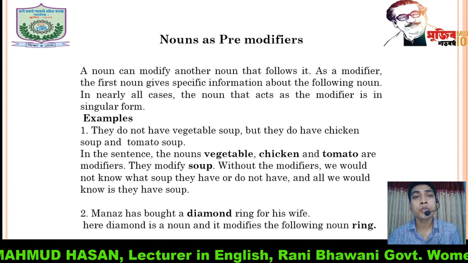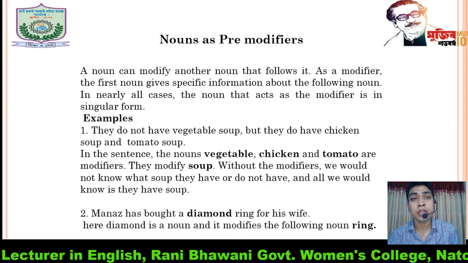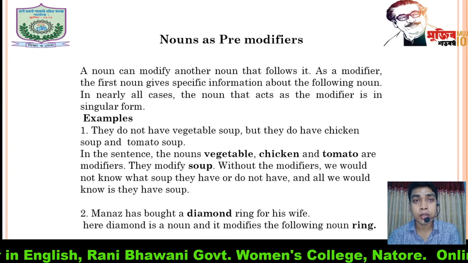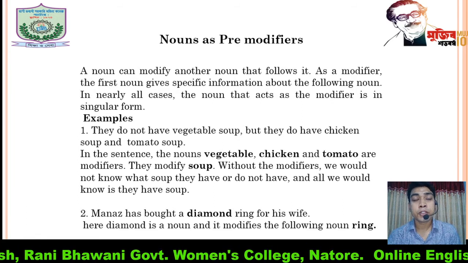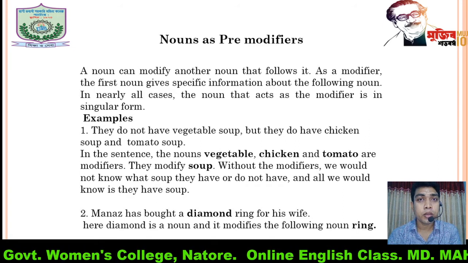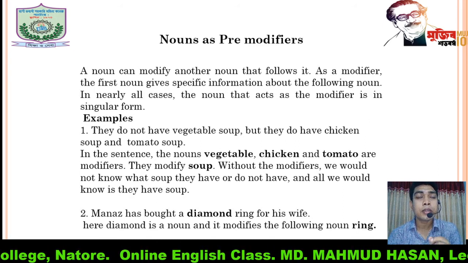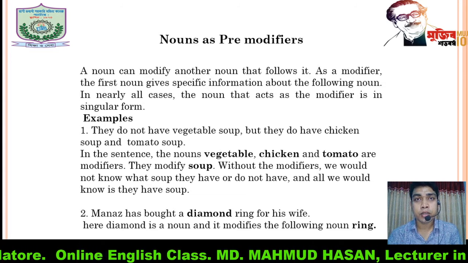And that is why we call it noun adjective. Noun is performing here as an adjective of another noun. Smart boy, smart is an adjective, boy is a noun. We call it adjective as modifier.